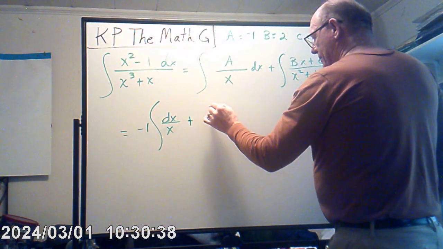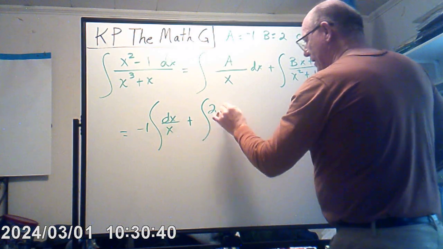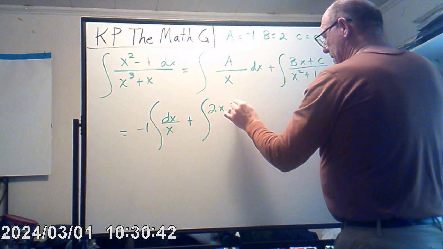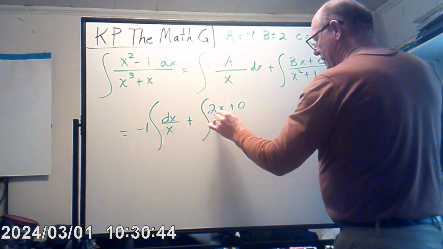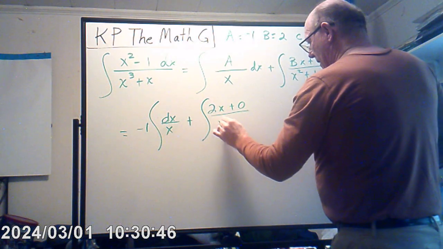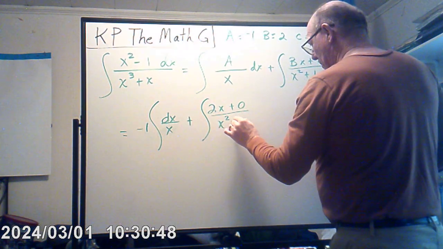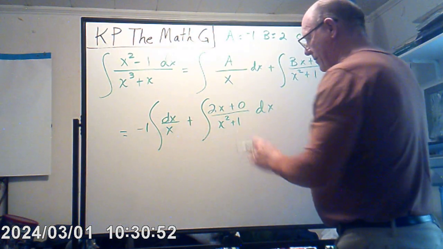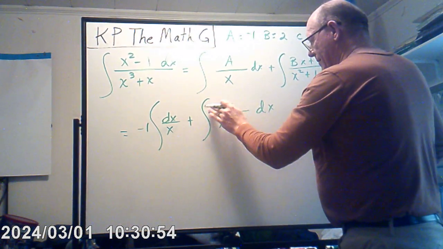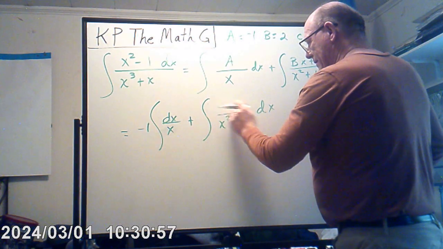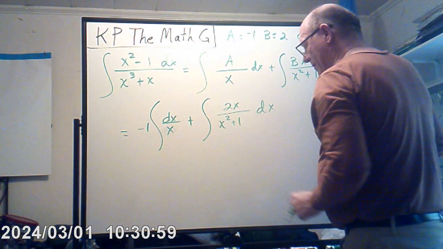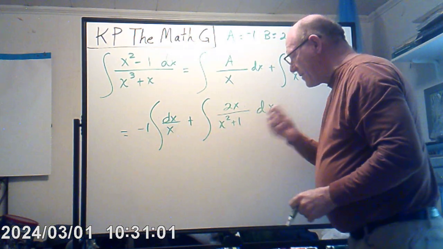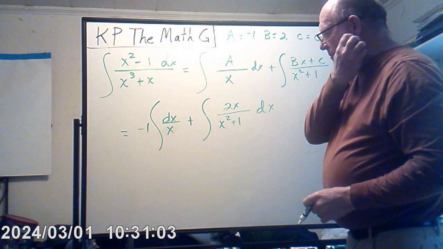Plus now 2x, integrating 2x plus 0 over x squared plus 1 dx. This is going to work out great. We don't need the 0 now, and we just put the 2x in the middle. I'm just going to leave the 2x there because you'll see what I'm talking about.